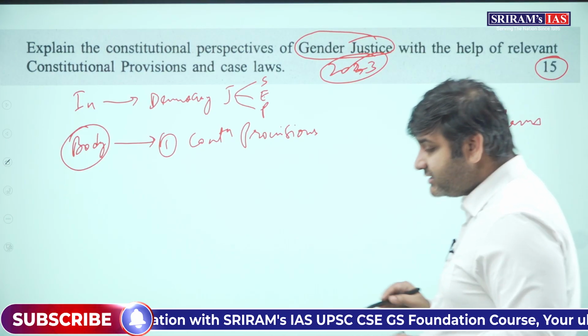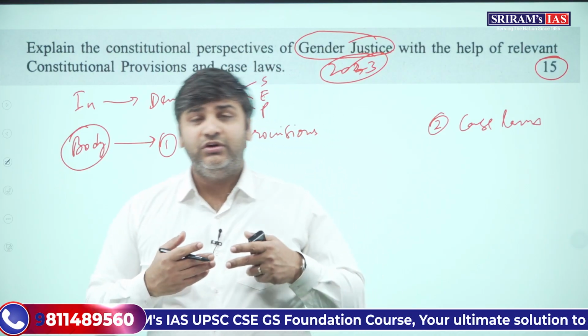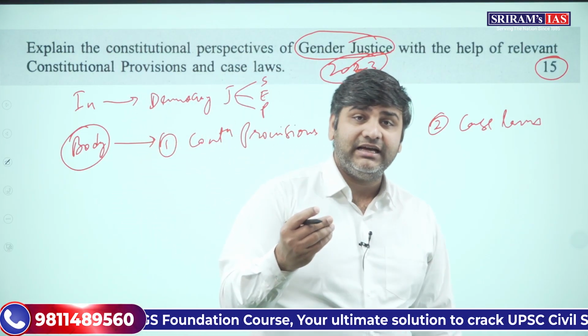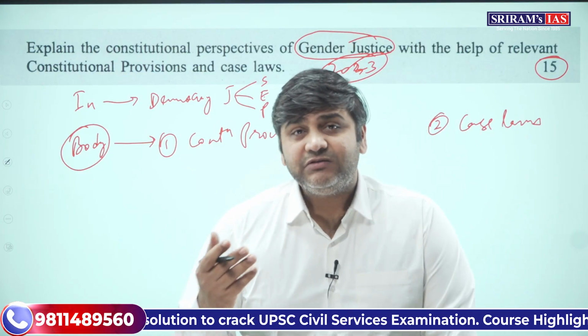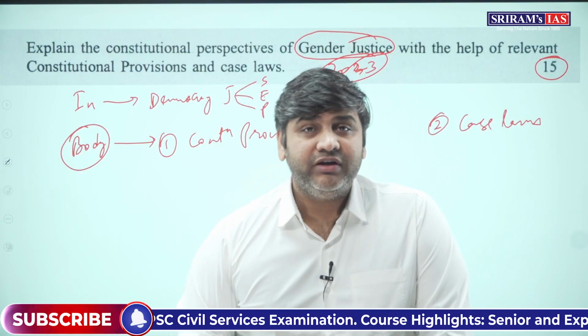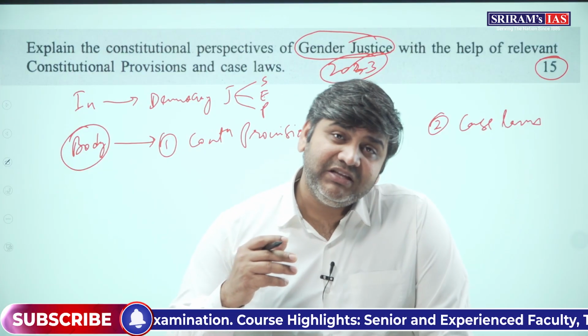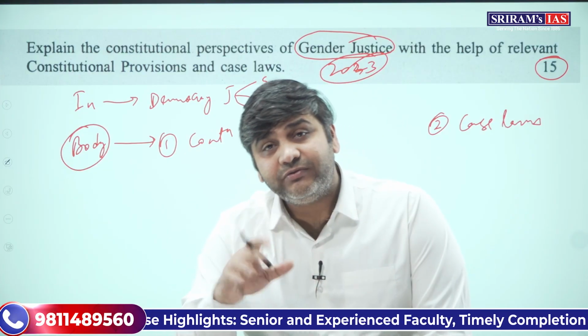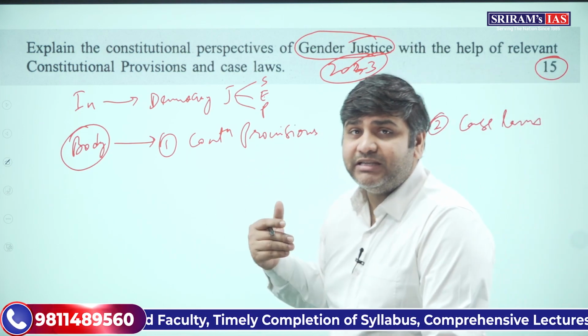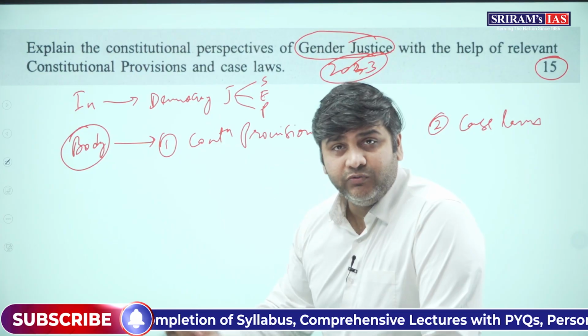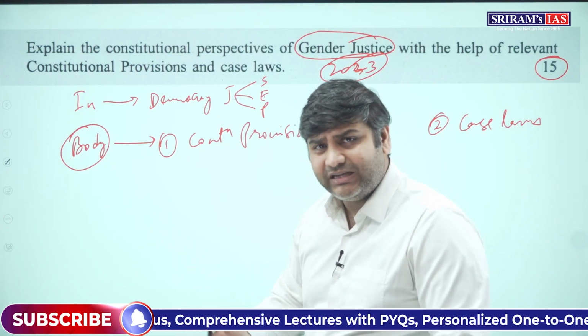Case law simply means when something approaches the Supreme Court, a case has been filed in the Supreme Court, the Supreme Court's interpretation is very important in shaping the law, or in shaping the interpretation and the understanding of different constitutional provisions. So you have to write about the case laws and at the same time the constitutional provisions for gender justice. So one by one we can see.